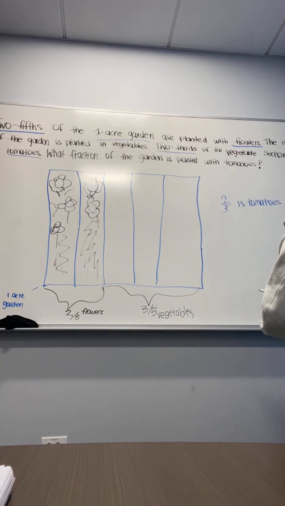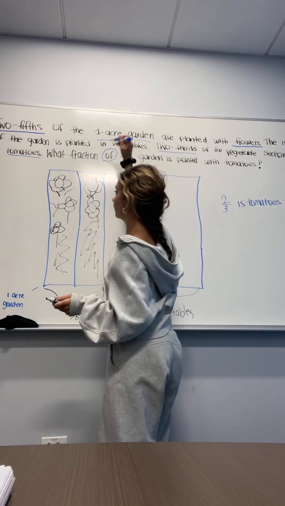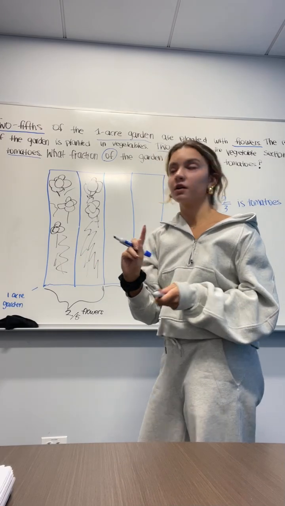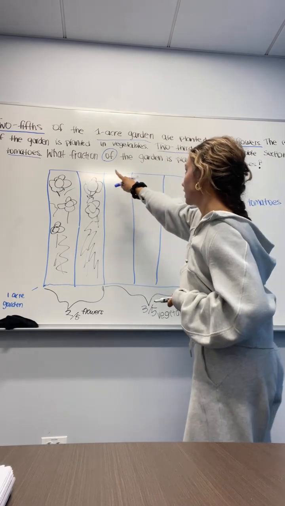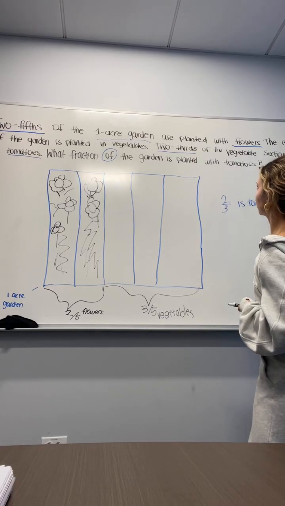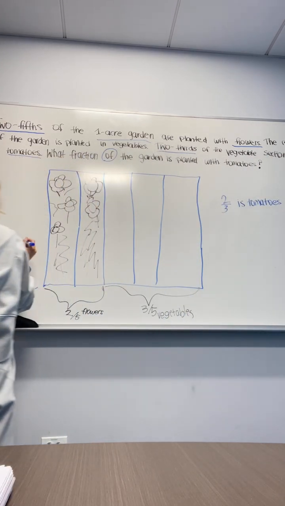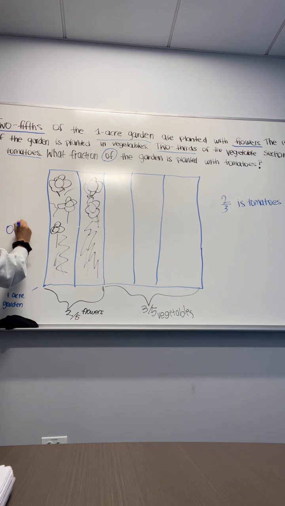Well, one telltale sign of how to figure out what operation this problem is would be the word "of." What fraction of the garden is planted with tomatoes? Our word "of," can you see that?